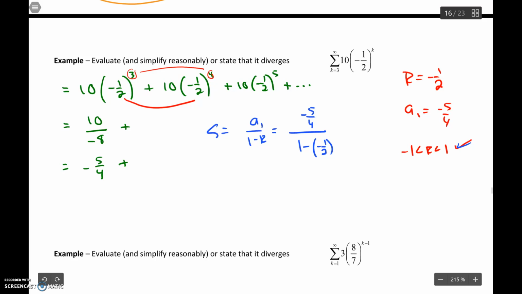I guess you do need to be a little careful here that you don't mess up the simple fraction work. So -5/4 over, 2/2 plus 1/2 is positive 3/2. -5/4 times 2/3 gives me -5/6.